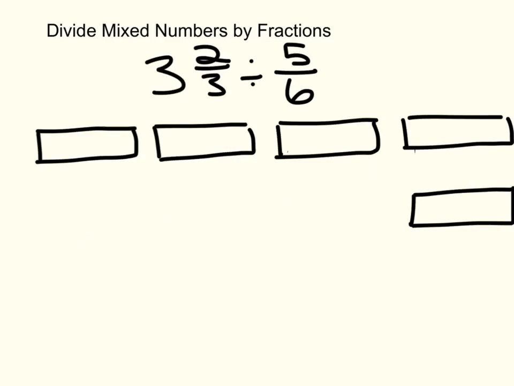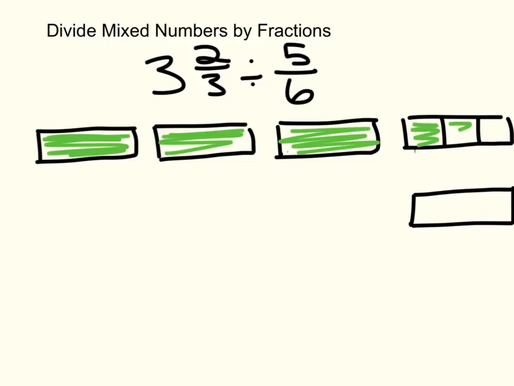So I've gone ahead and drawn out partial of the model for this problem. I have 3 2/3 divided by 5/6. So to represent my 3 2/3, I have 1, 2, 3 wholes, and I can divide this last one into thirds, and I'm going to have 2 of these.